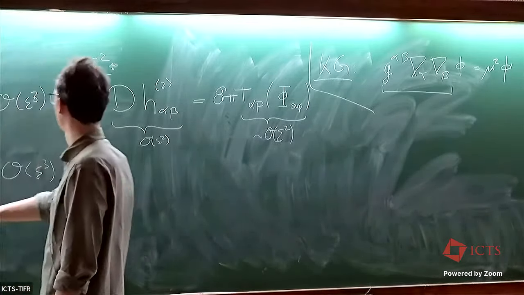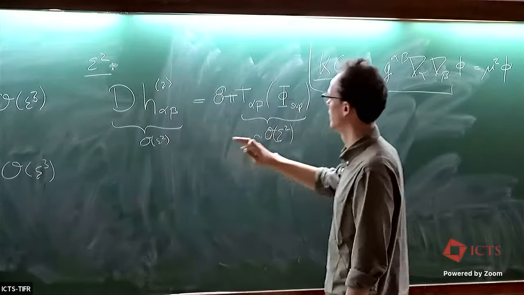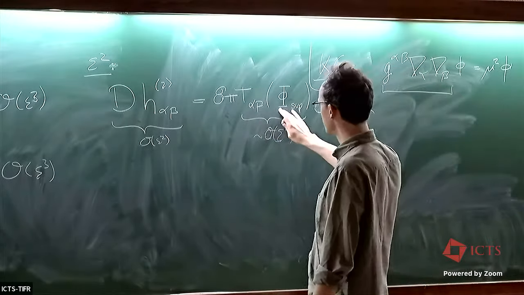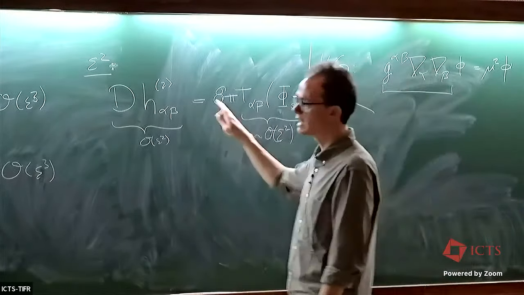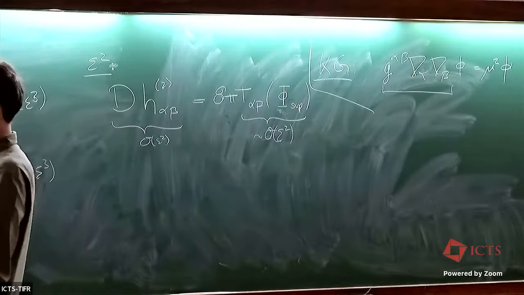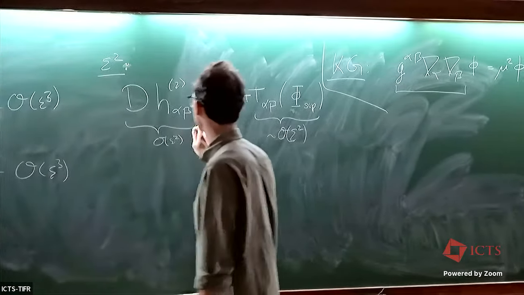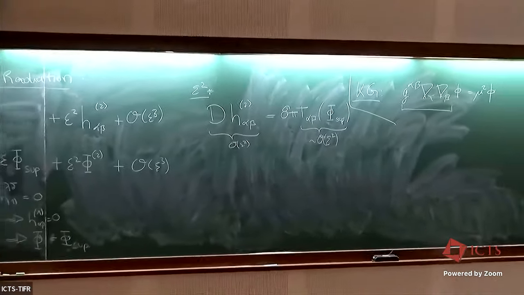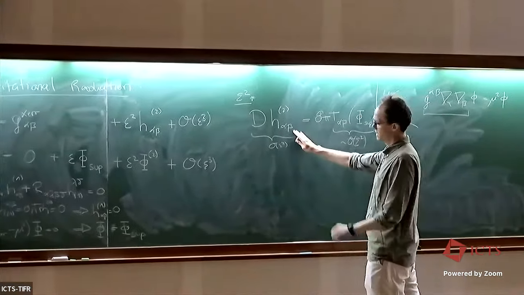But at second order in epsilon, this is no longer the case. The presence of the superradiance cloud, meaning the presence of the linear solution, then sources metric perturbations at epsilon squared. That's where our gravitational waves are going to come from.